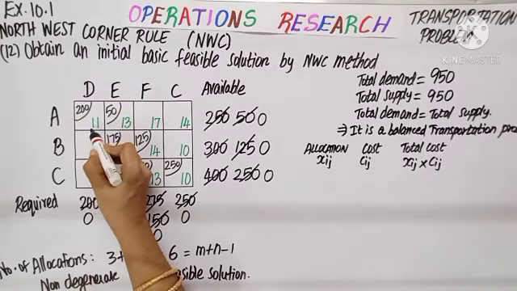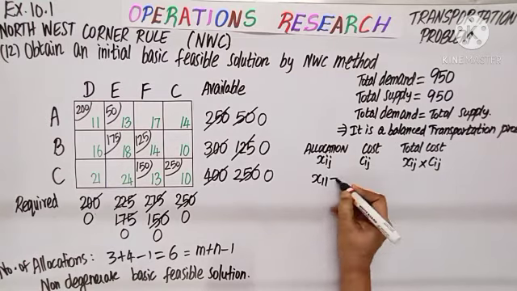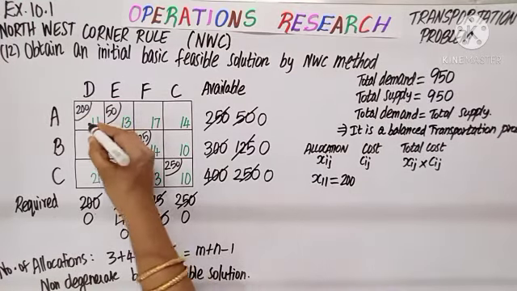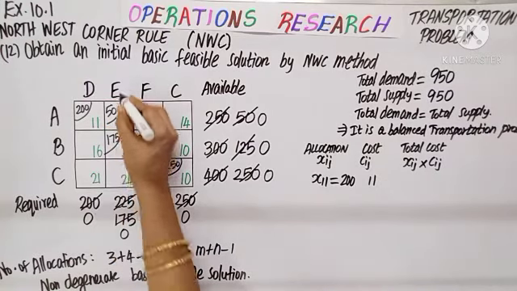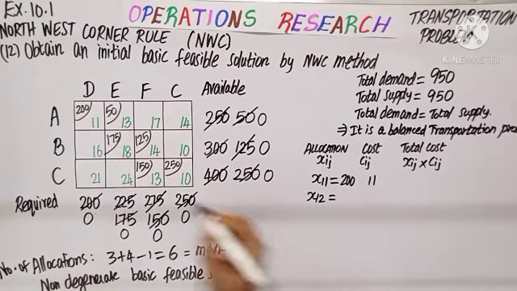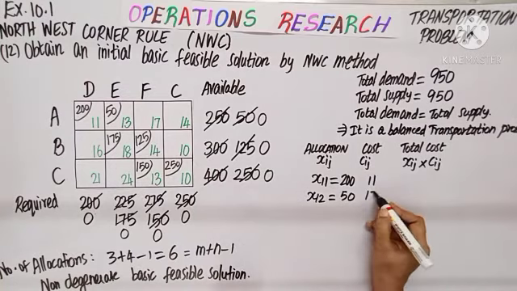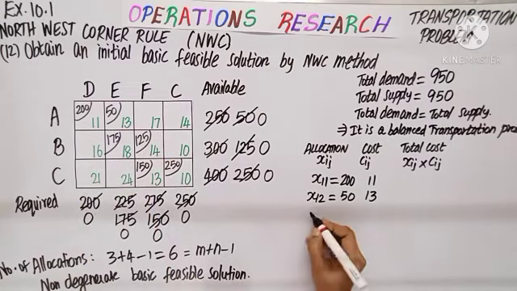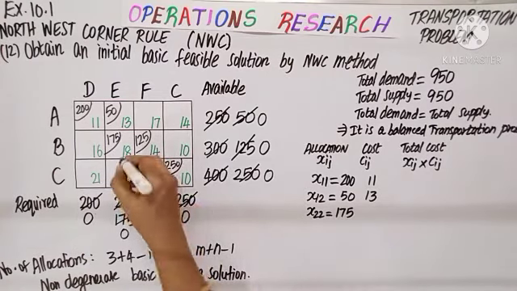First row, first column, that is x11. We have 200. Cost is 11. First row, second column, x12. We have 50. Cost is 13. Second row, second column, x22 is 175.